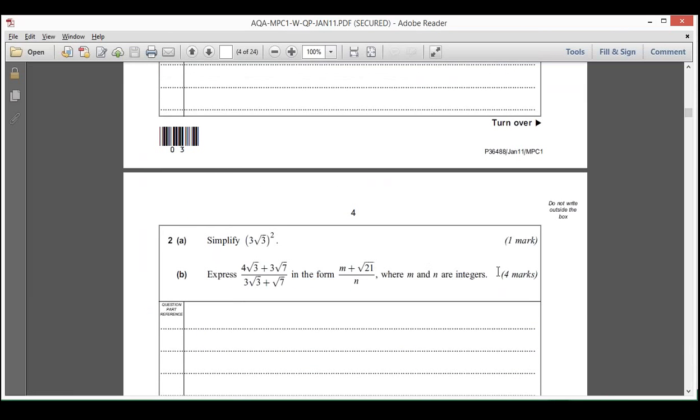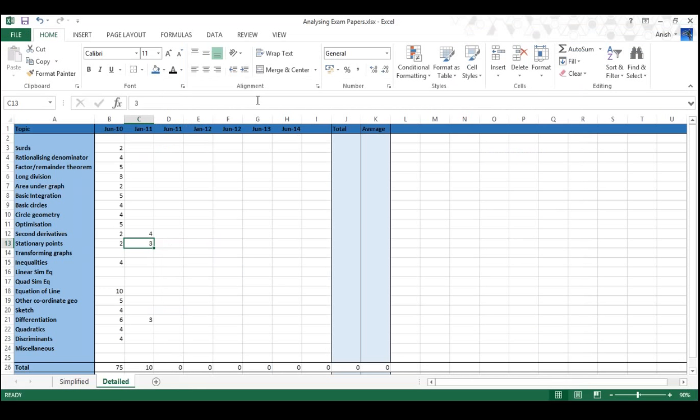Third, so we've got 1 mark and 4 marks for rationalizing. So how many marks do you think you get on rationalizing the denominator each paper? Just from the analysis of these two papers, you can predict that there should be 4 marks on rationalizing the denominator coming up.